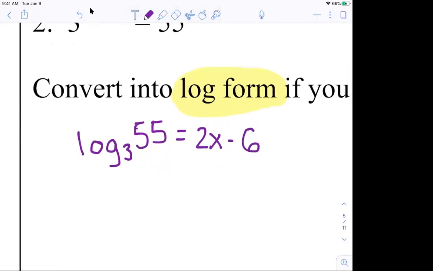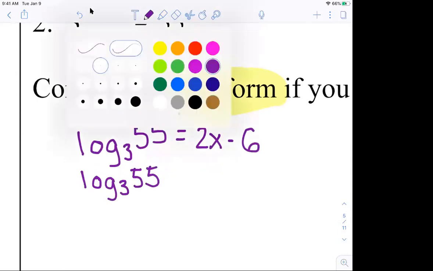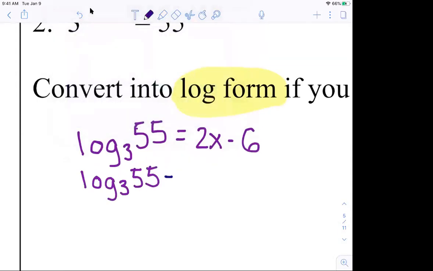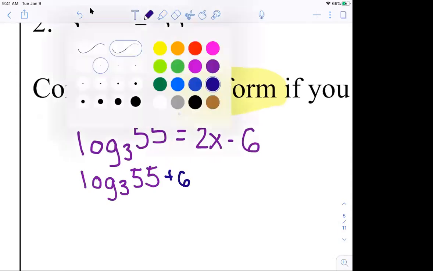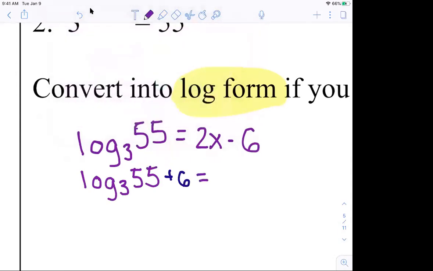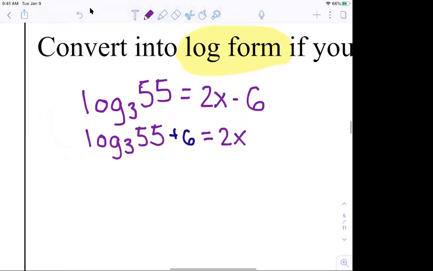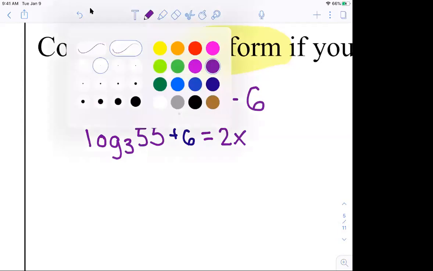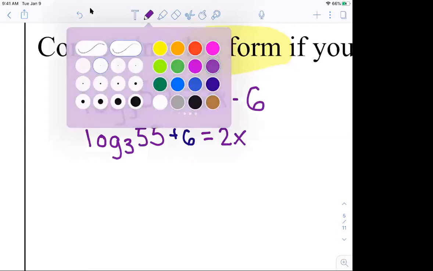Our goal is to solve for x. So in order to do that, we're going to have to get x alone. So right now, to get x alone on the right side, I would have to add 6 to both sides. So I added 6, and then I'm going to have to divide by 2 on both sides.